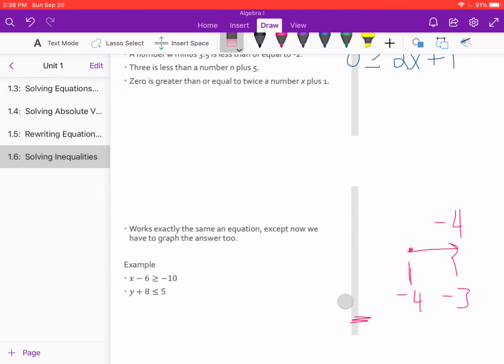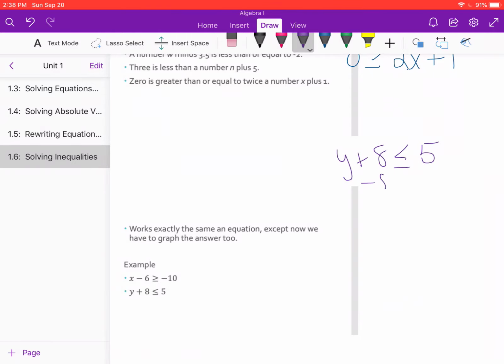Let's try that again. We have y plus 8 is less than or equal to 5. Getting y by itself, I'm going to subtract 8 from both sides and get y is less than or equal to negative 3. Draw your number line and put down negative 3.